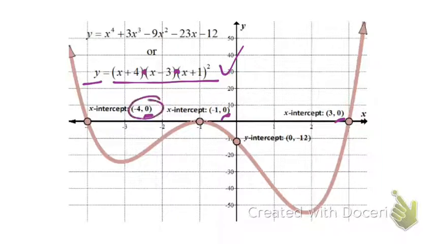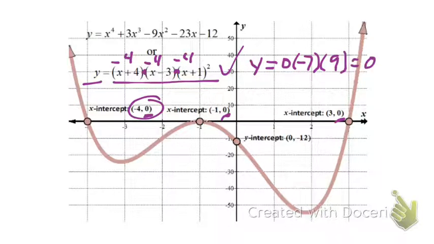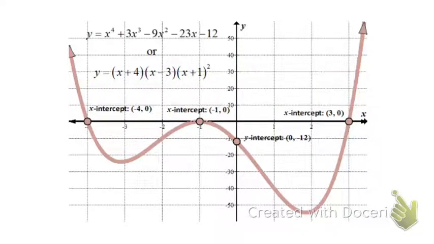For example, if you plugged in -4 for x, then y is equal to 0 because it's 0 times -7 times 9, which is equal to 0. That's why you factor things, because of the zero product property. Anything times 0 is 0. We'll also talk about how this tells you there's a bounce at zeros when zeros have an even multiplicity. We'll talk more about that later.